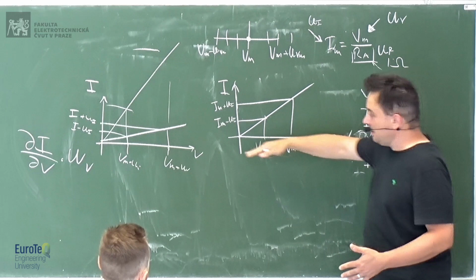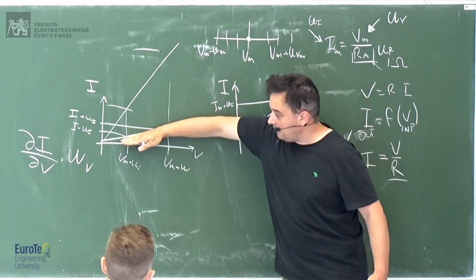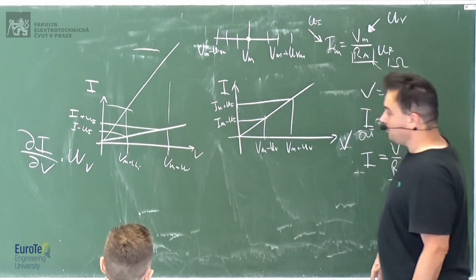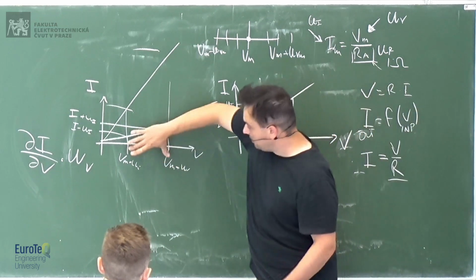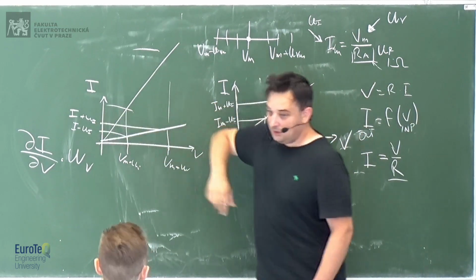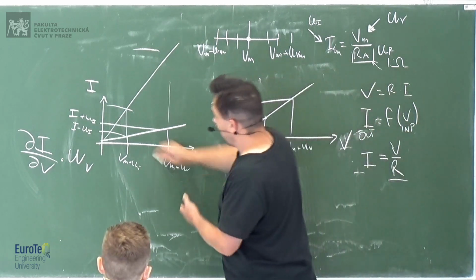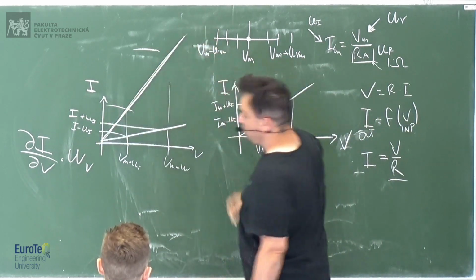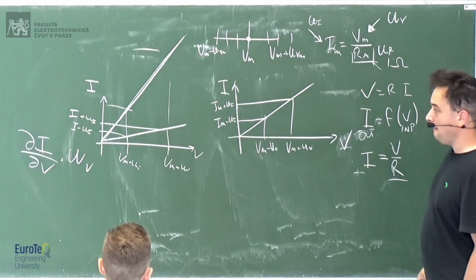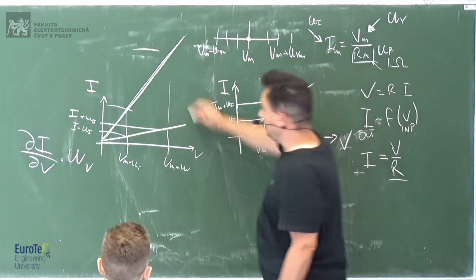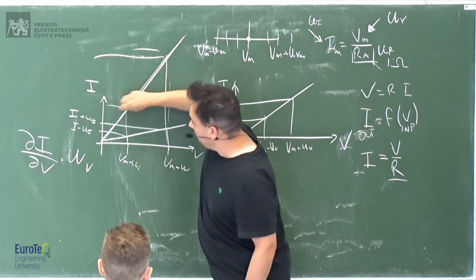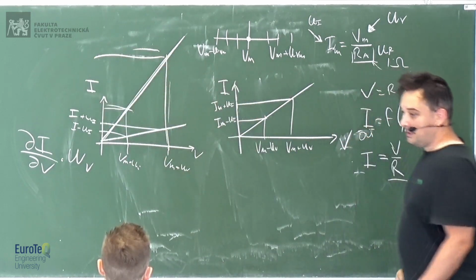For instance, if you have a small value of slope, you have the same range and you get out a small uncertainty of the current. If you have a large slope, you clearly get a larger range of uncertainty.